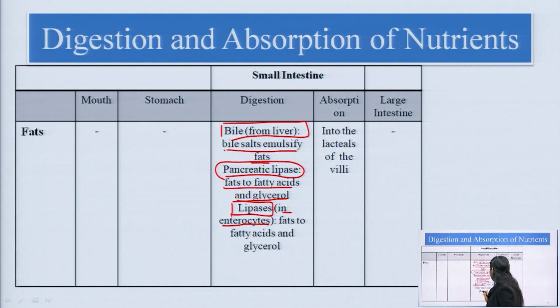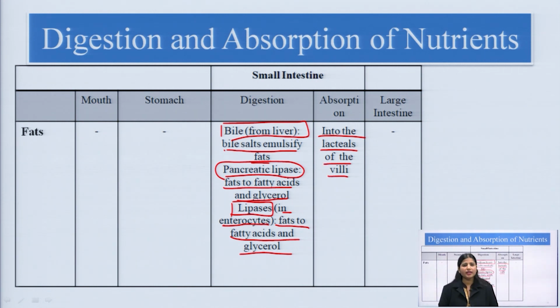And that lipase is converting the fats into fatty acids and glycerol. So, all of these simpler forms of the fatty acid will be absorbed through the lacteals, the lymph capillaries. So, it is absorbed into the lacteals of the villi, and then it will go further in the circulation for utilizing into some other secretions or some hormones or the ATP formation.